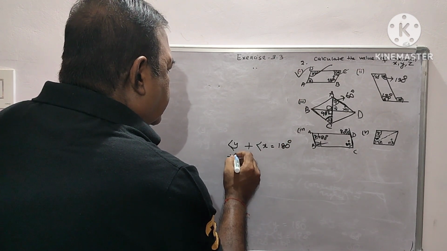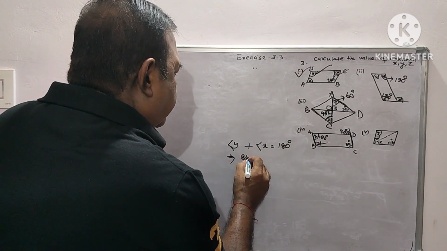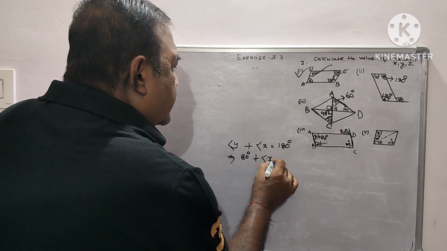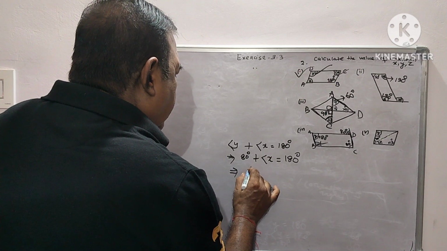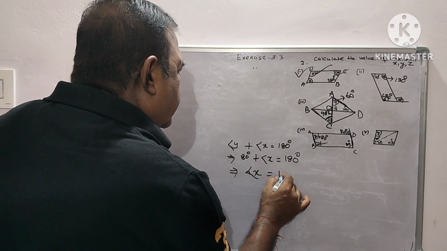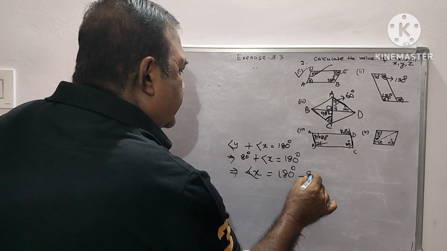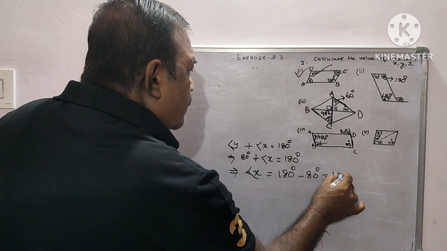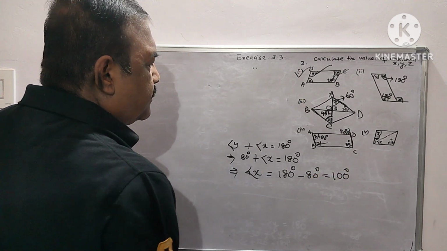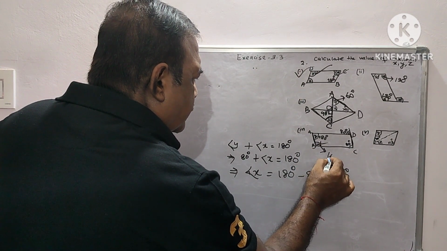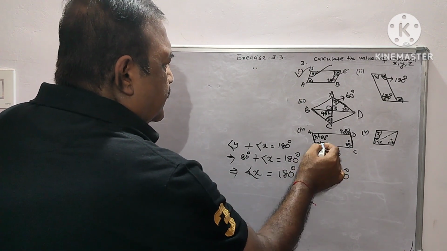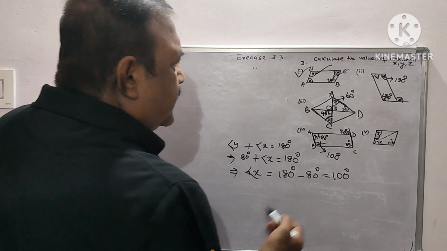That implies angle y, you see, 80 degrees plus angle x is equal to 180 degrees. That implies angle x measures 180 degrees minus 80 degrees, that is equal to 100 degrees. So you are getting angle x measures 100 degrees. So this question is solved.